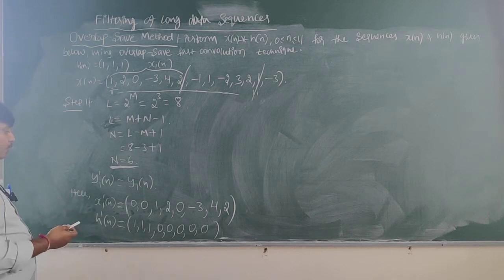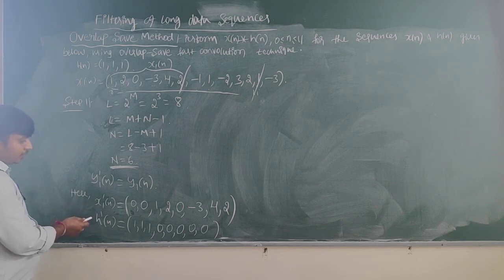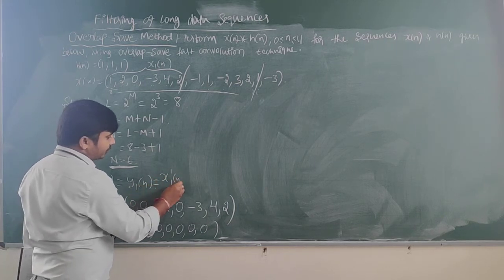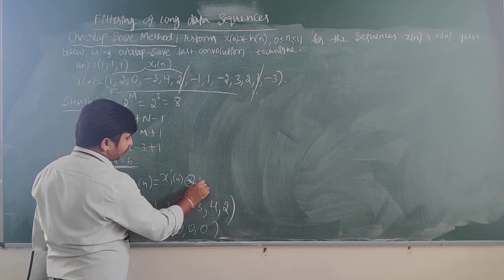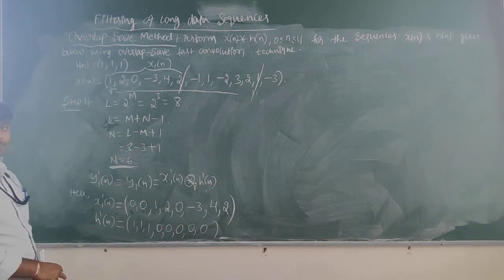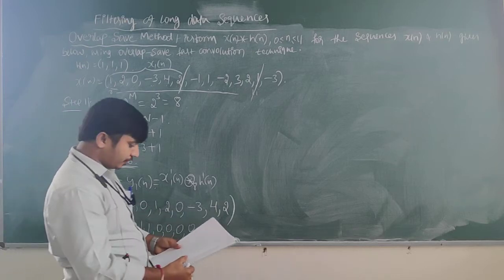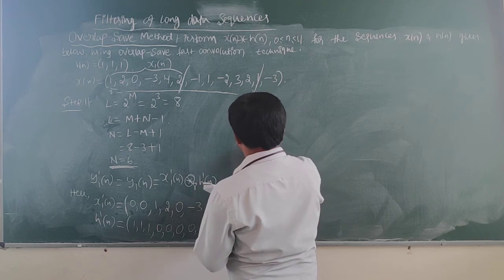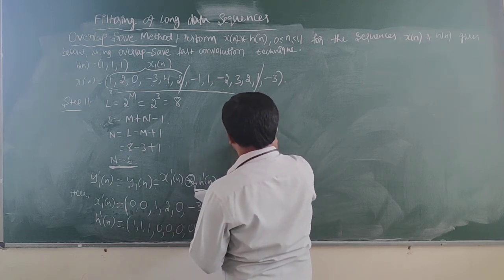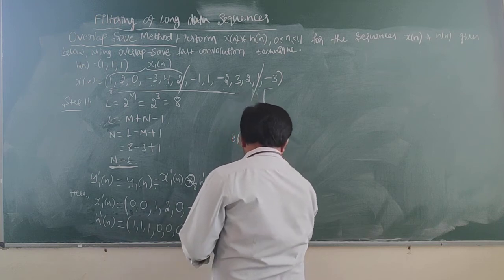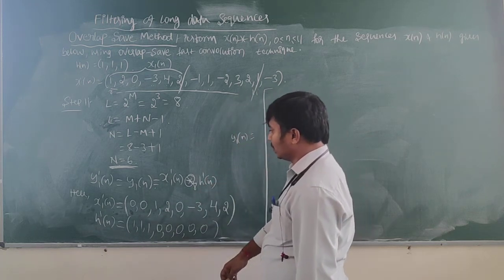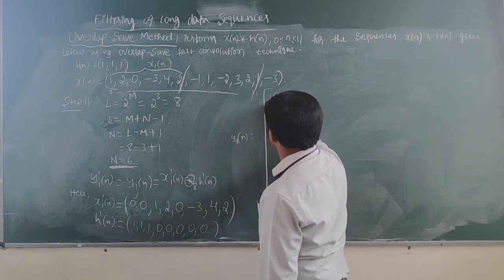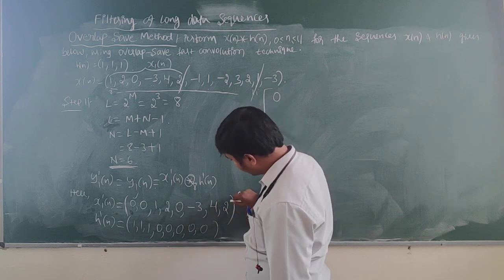Now I need to perform the circular convolution in order to obtain y1 of n, which is equal to x1 dash of n circular convolution with h dash of n. Now we shall find that convolution. y1 of n is equal to, while writing the matrix, the first entry we need to write as it is, 0, and the remaining entries I need to consider from the right side.